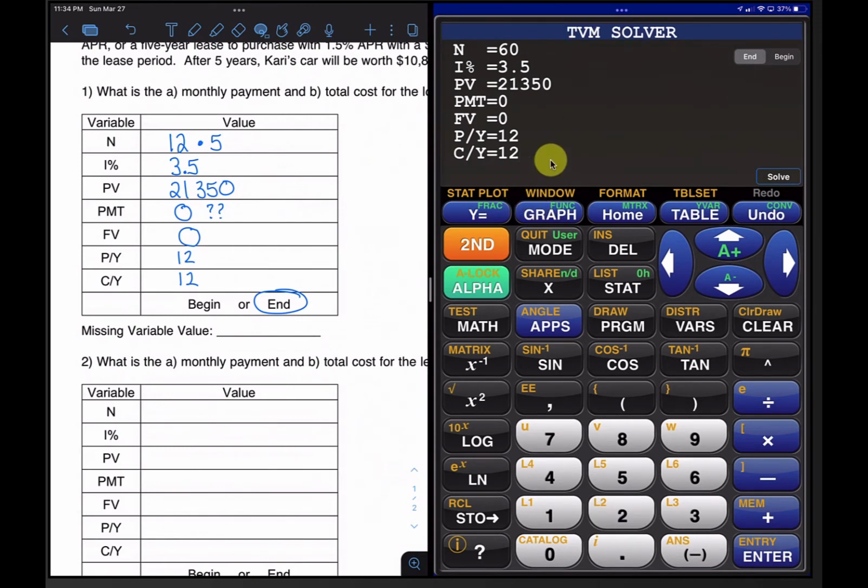Now remember the shortcut: you can stay right on the screen instead of exiting out. Hit your up arrow to the payment line, because that's what you're looking for. Then you'll press the alpha button and then enter. And then it will solve it, and the answer will appear on the payment line. So that's negative 388.39.